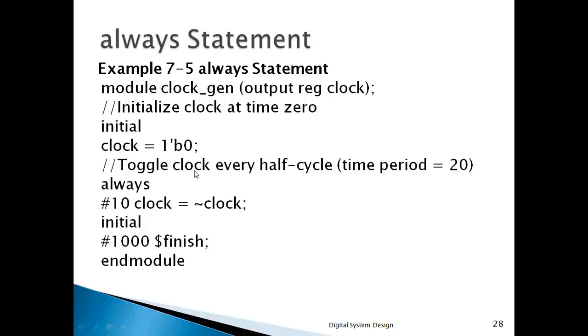Let's see, if clock is equal to 0 initially, then after 10 time units clock will be assigned the value 1, and after a further 10 time units, 20 time units total, the clock will be assigned the value 0 again. Similarly, at each 10 time unit delay the clock value will be inverted.